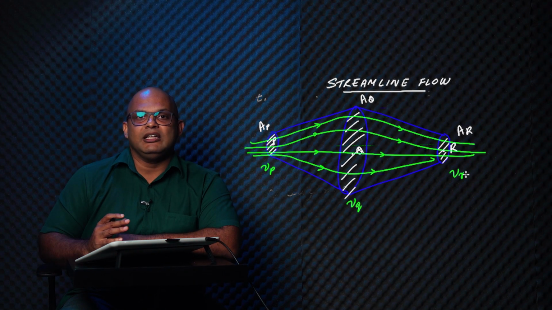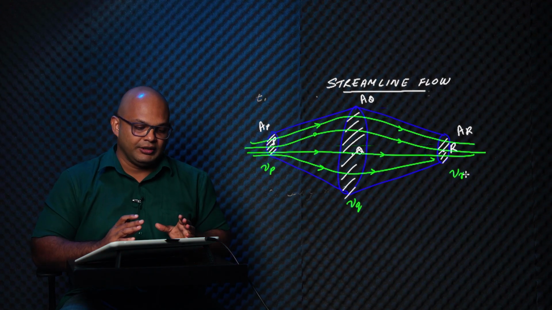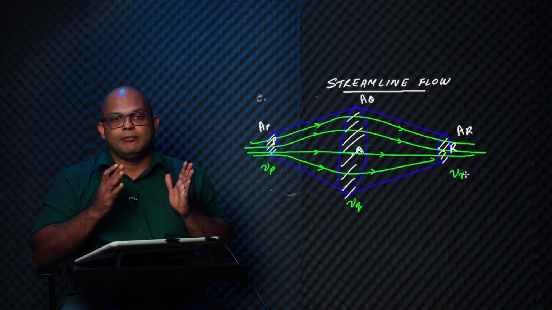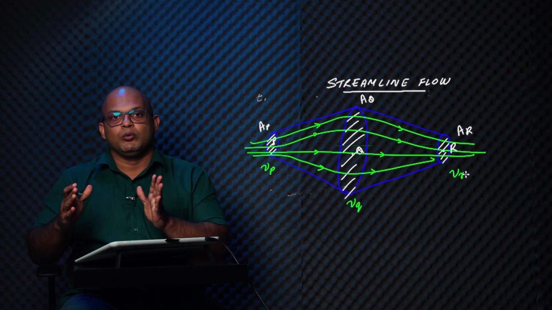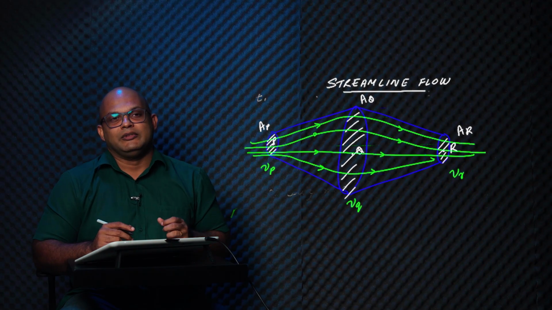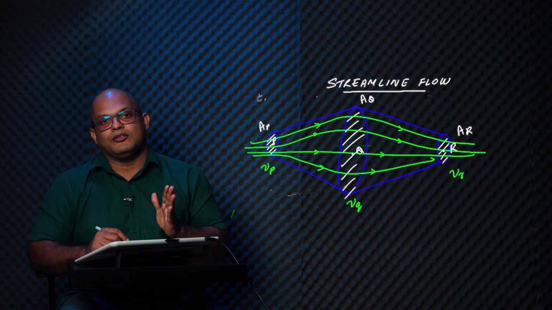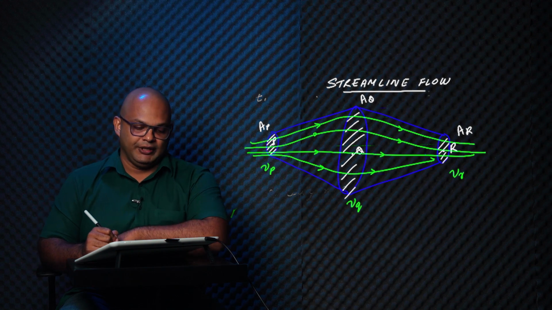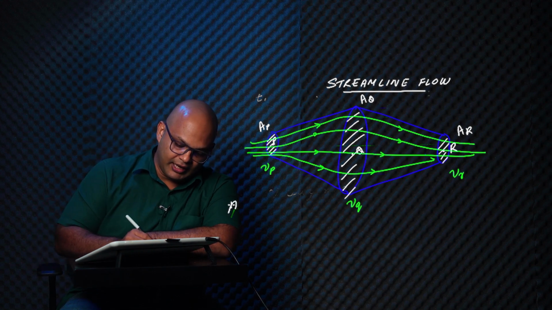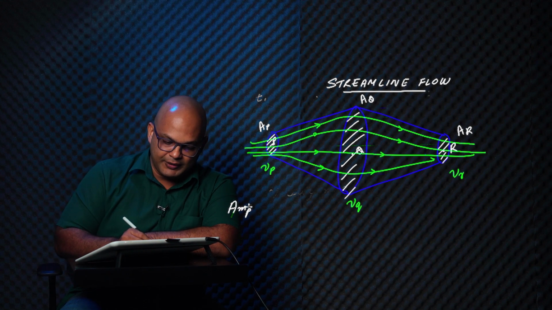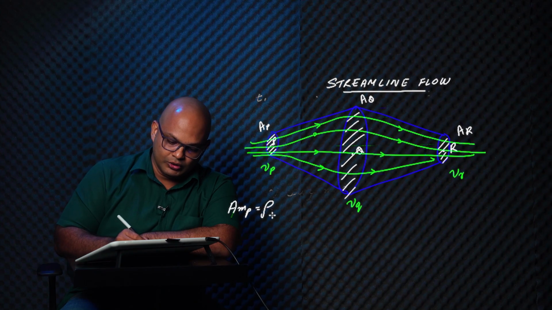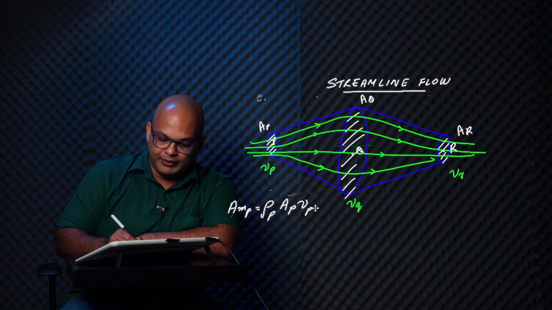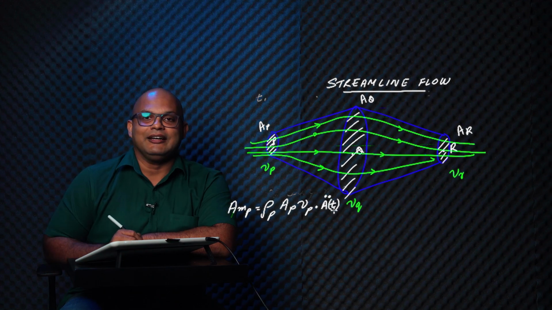Now, mathematically, we can understand what is going on here by studying how the mass of the fluid flows through this cross section. So, let's study how much mass of water is passing through the cross section A subscript P. This can be given as Δm subscript P, that is equal to rho P times A subscript P times V subscript P multiplied by the time interval of interest, that is Δt.